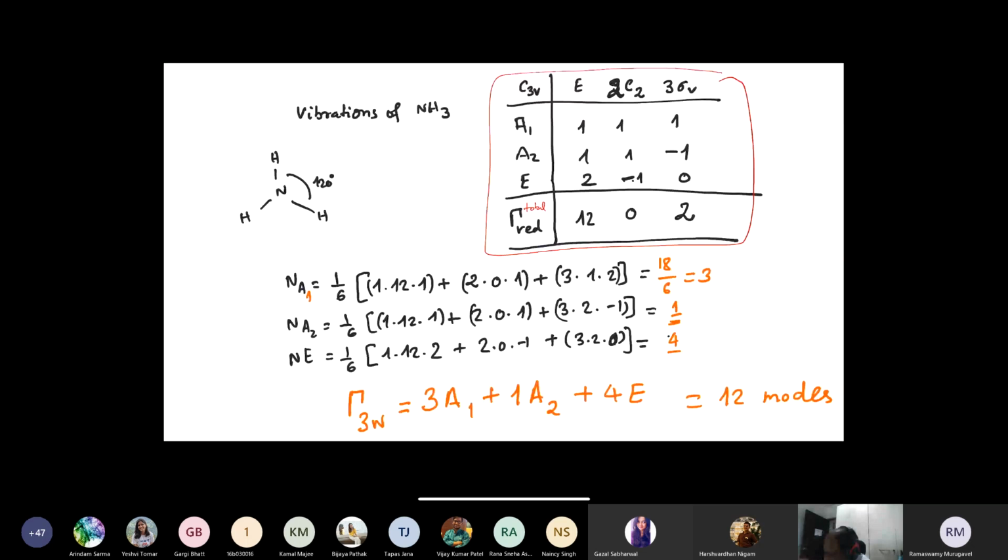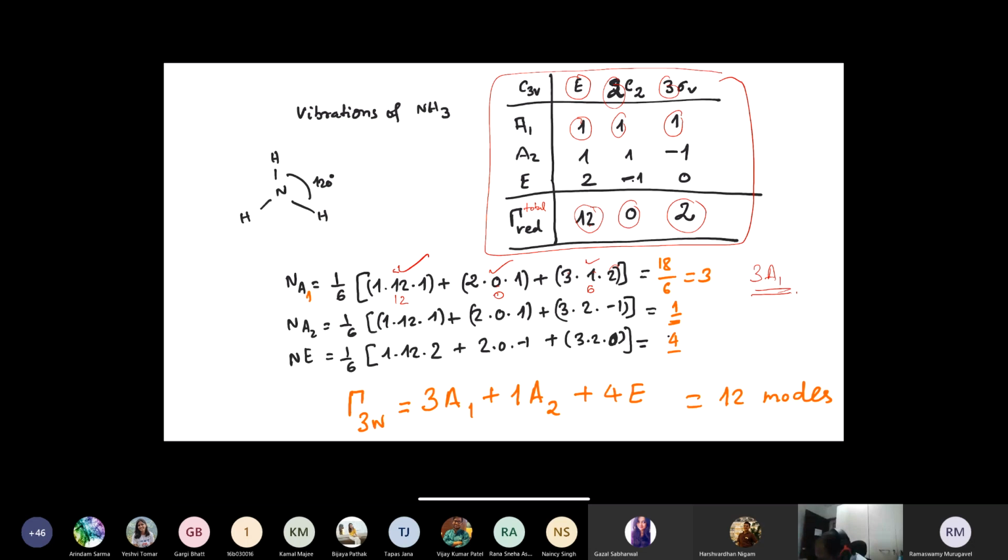I have 12, 0, 2. So I multiply 12 by 1, 0, 1 into 2, 2, 1, 3. So this is 12, 0, 6. So 18 by 6 is 3. So 3 times A1 occurs.